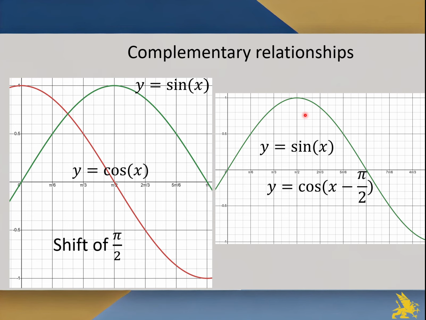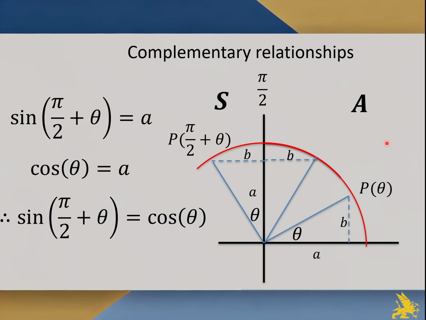So now let's look at going into quadrant 1 and quadrant 2. We talked about before that this area here is our B. So instead of saying pi over 2 minus theta, we're going to do pi over 2 plus theta. That is still going to be equal to A. So be mindful of that.